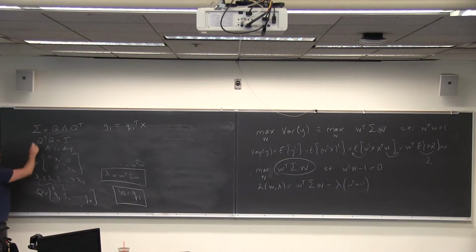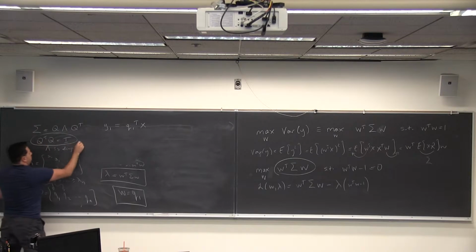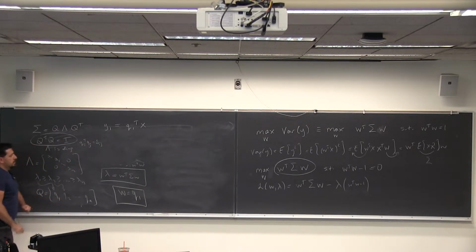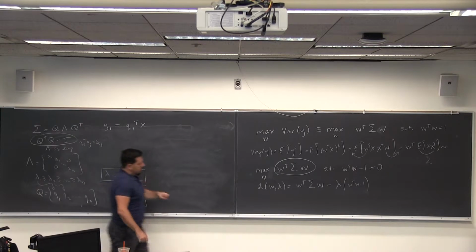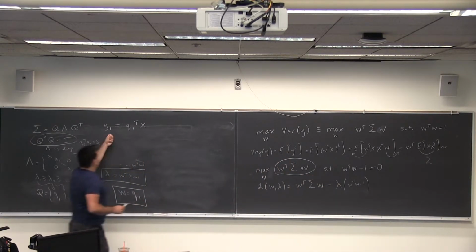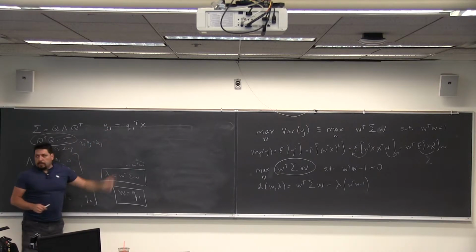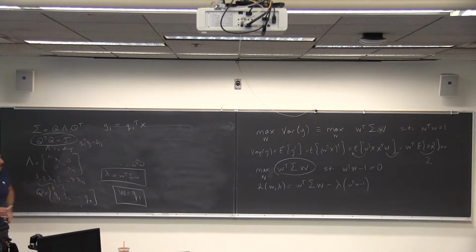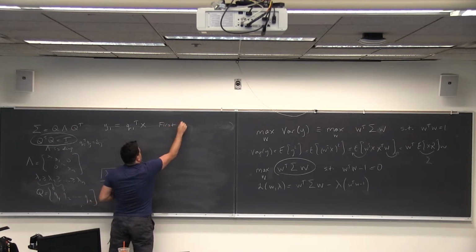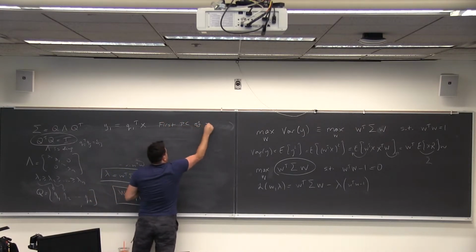And notice that here eigenvectors are normalized, so they're unit length and they're orthogonal. So this is a unit length eigenvector which satisfies my constraint. We call this projected random variable Y1 the first principal component of X.